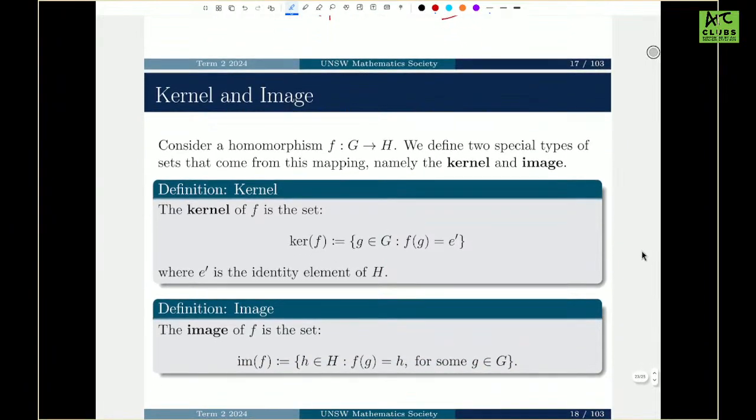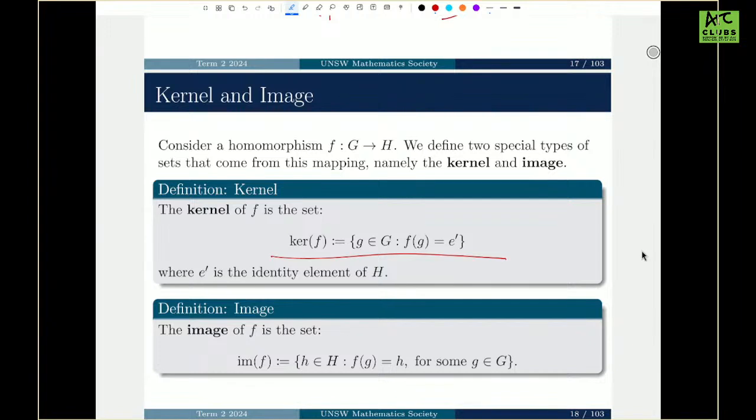Okay, kernel and image. Consider a homomorphism. We define two special types of sets that come from this mapping: the kernel and the image. So, okay, the kernel of f is this set. It's anything in the domain that gets mapped to the identity in the codomain.